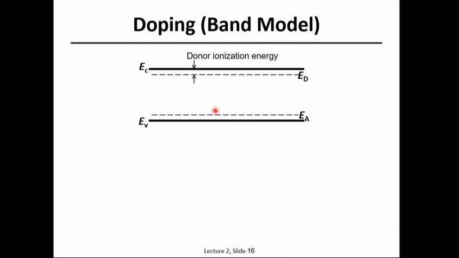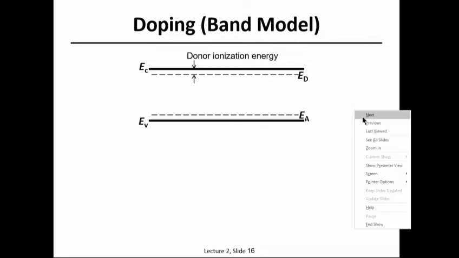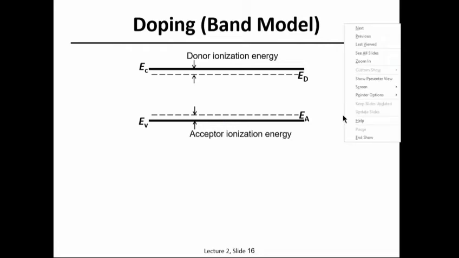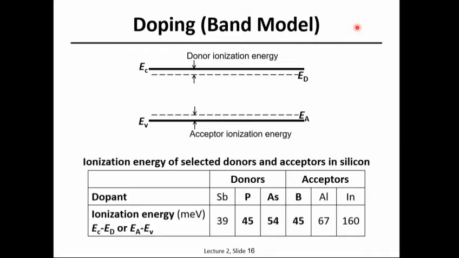The energy sitting in here is what we call the donor ionization energy. Now if we are talking about a boron atom, which is an acceptor, it has taken electrons from the valence band and sits in here. So that region is called the acceptor ionization energy.